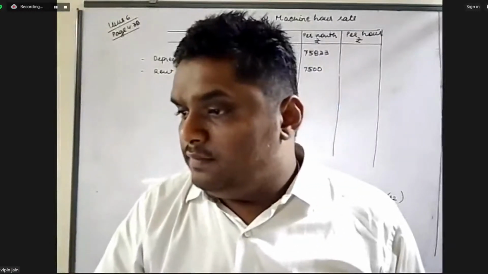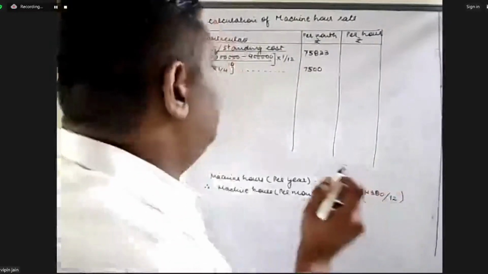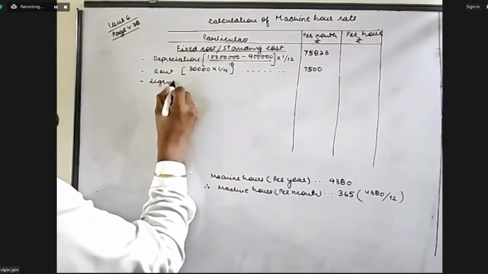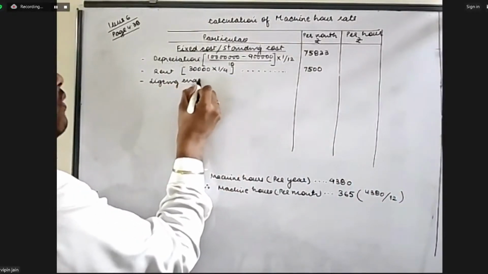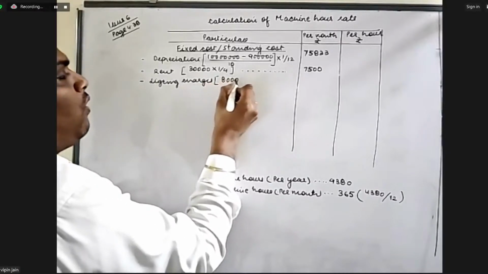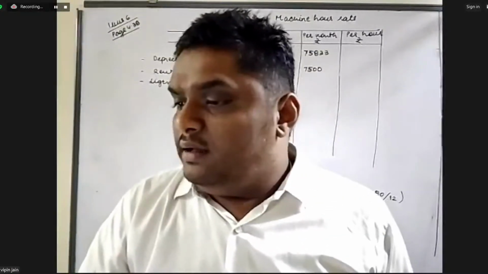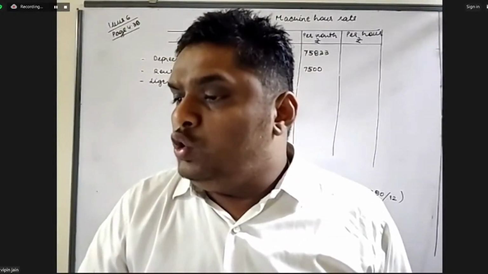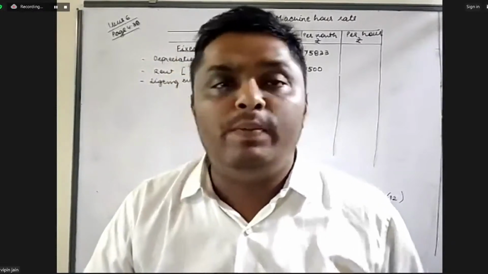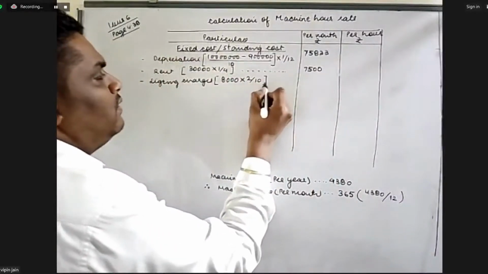Further, the lighting charges are given, that is 8,000 per month. And it is given in the question that 2 points out of total 10 lighting points are actually occupied by the machine. So 8,000 into 2 divided by 10.